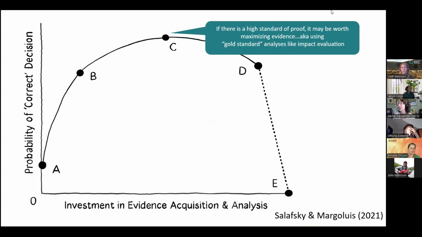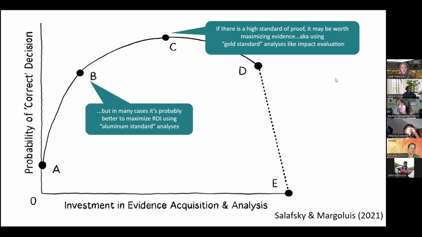So if there's a high standard of proof, so these are the examples that I was talking about, where it's maybe untested, risky, more expensive, causality or additionality is required, it may be worth maximizing your evidence, using what they call the gold standard analysis like impact evaluation. But in many cases, it's probably better to maximize your return on investment using the aluminum standard analyses, right?